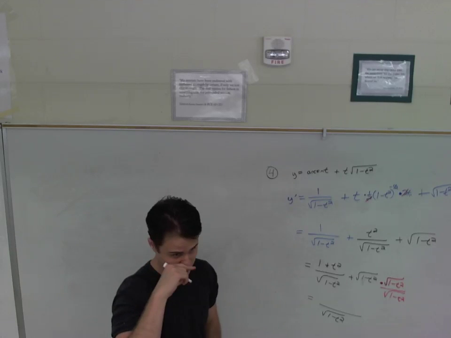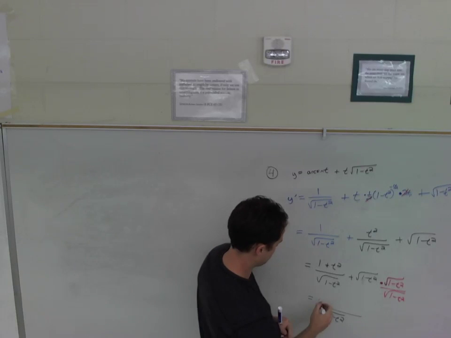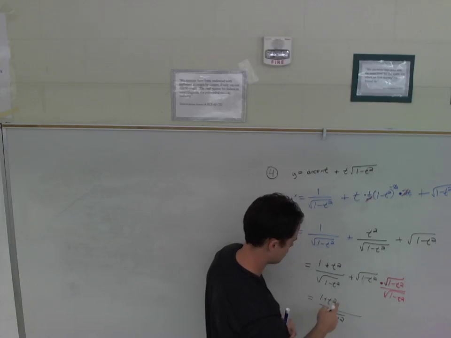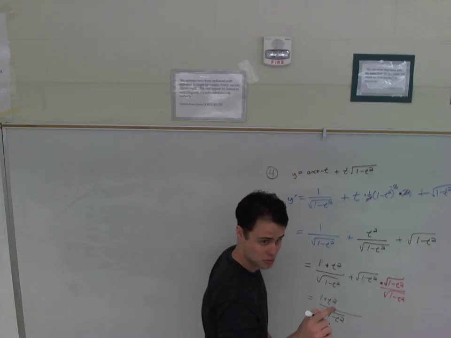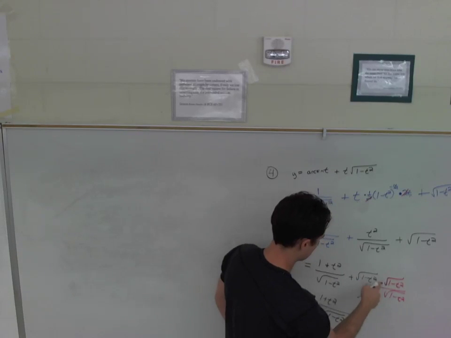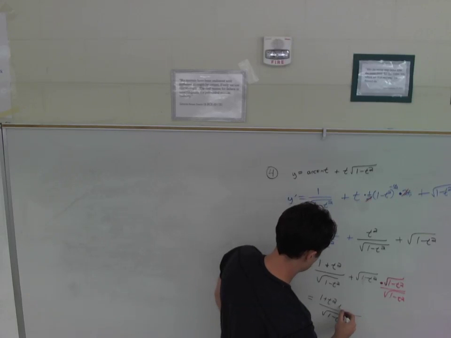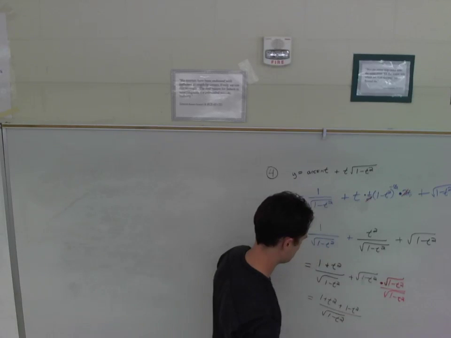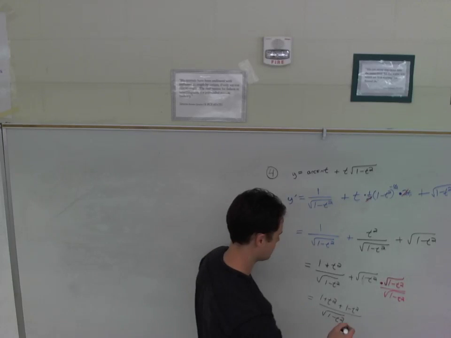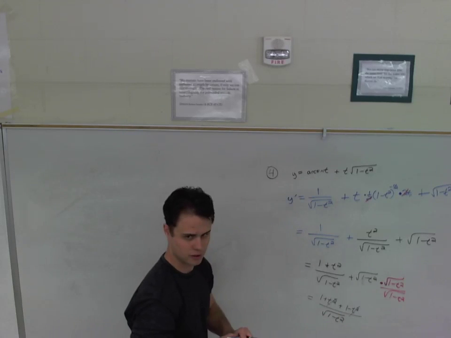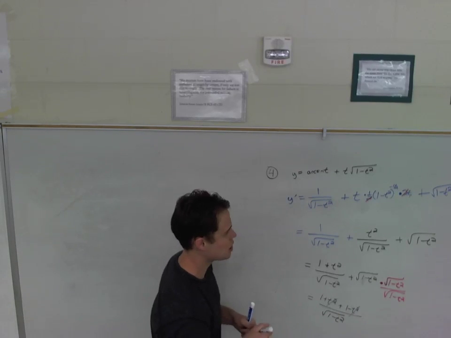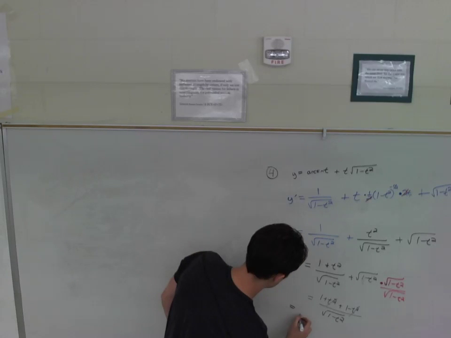It's over 1 minus t squared. So I've got 1 plus t squared, plus 2. And then if you multiply those two things together, you've got 1 minus t squared, don't you? So look at that. That is good stuff. This monstrosity simplified to something so simple.